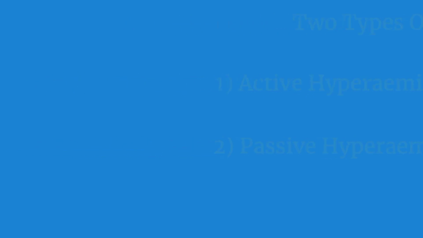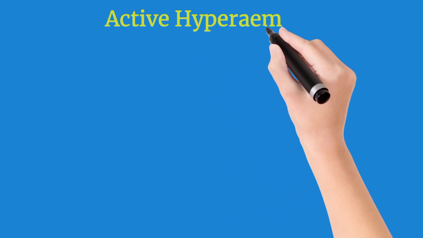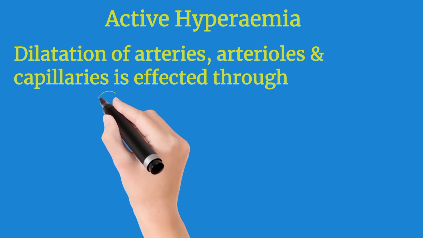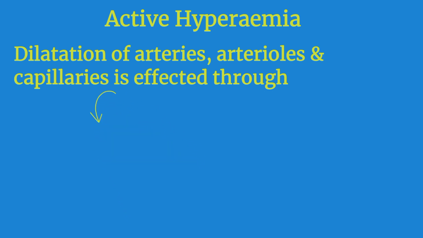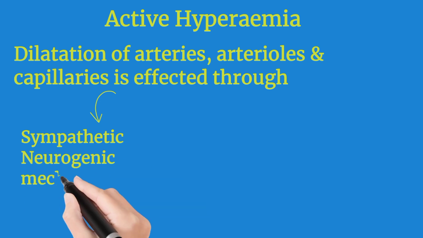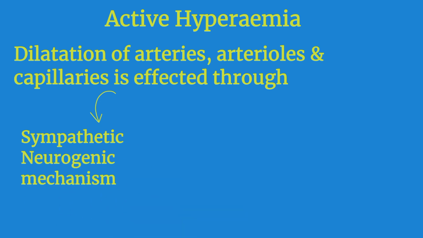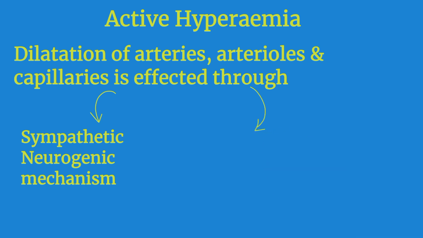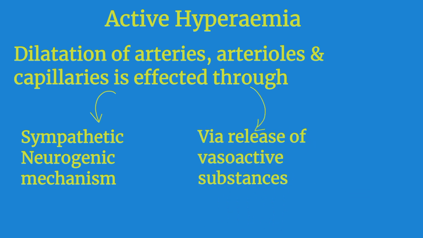Now what do you mean by active hyperemia? It's a dilatation of arteries, arterioles and capillaries affected through sympathetic neurogenic mechanism and via release of vasoactive substances. I repeat, in active hyperemia, dilatation of arteries, arterioles and capillaries is affected through sympathetic neurogenic mechanism and via release of vasoactive substances.